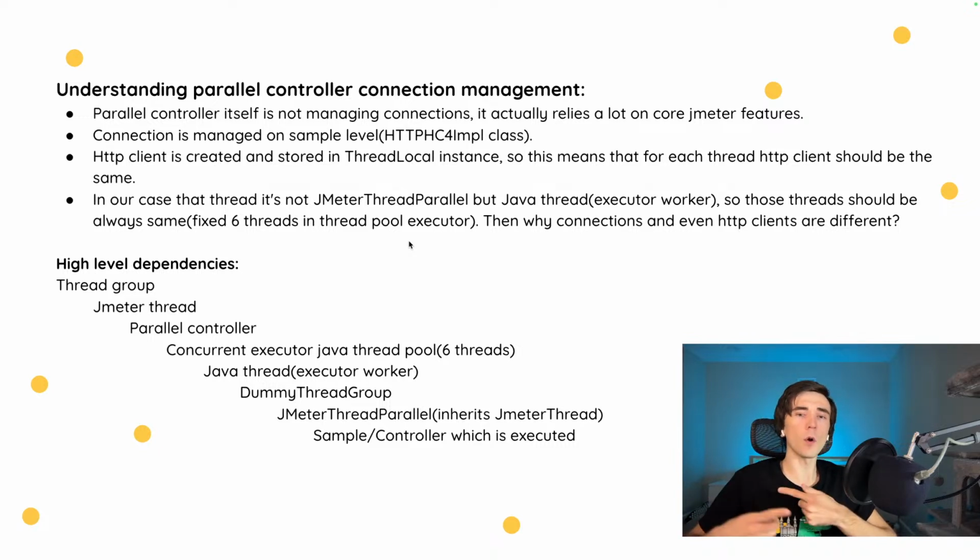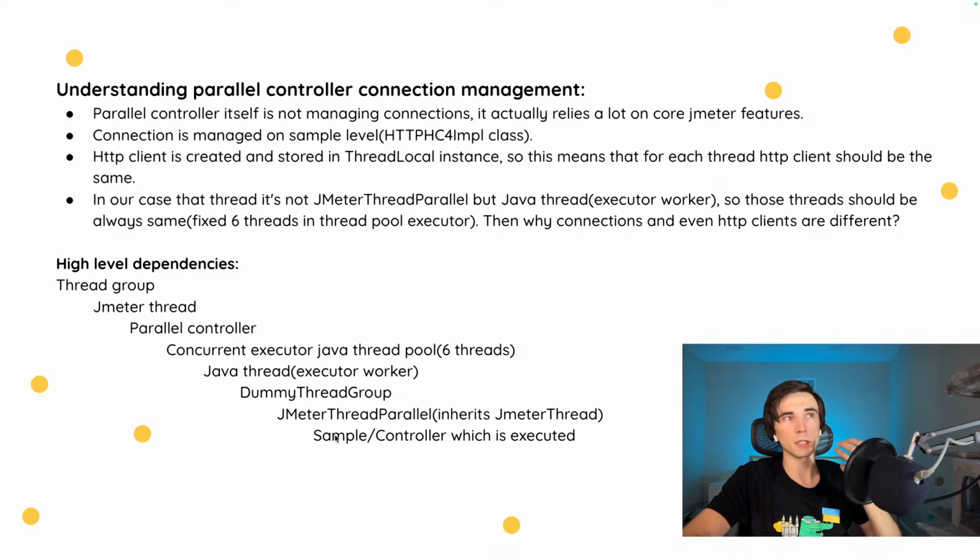It is reopening them once in 1 minute, right? But it is not closing them at the end of the iteration. But in our case, each parallel controller thread, after it ends its sample execution, even one request, closes the connection because it thinks, oh, my scenario is completed.